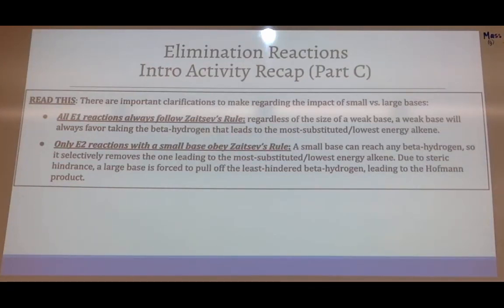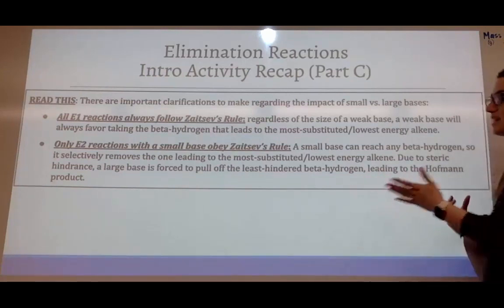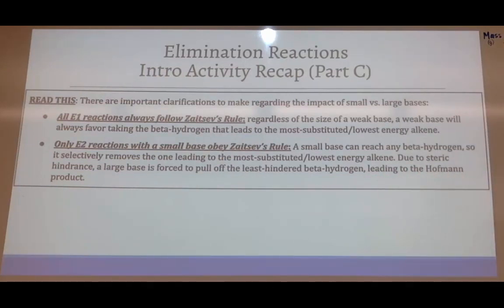If a large base is used, we would see a Hoffman product. So we would actually see a less substituted alkene as the major product, and that's because of steric hindrance. A large base is required to pull off the least hindered beta hydrogen. So when it pulls off the least hindered beta hydrogen, that's going to create the least substituted alkene product.